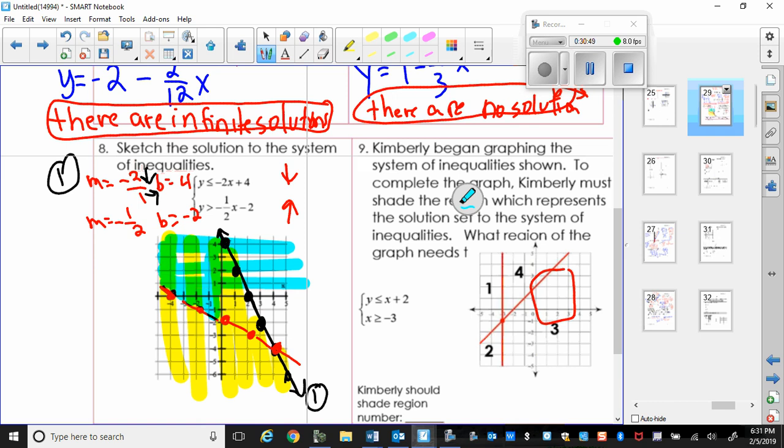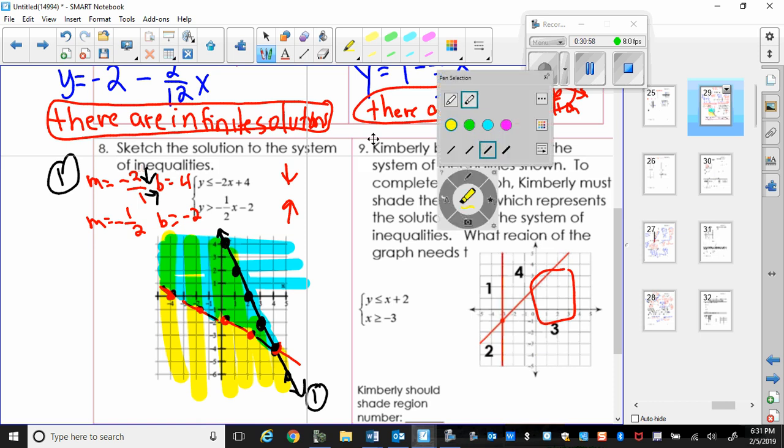So we can see the overlap where it's green. All right? And as a matter of fact, I'm going to go back through with the yellow so it's even clearer. Everywhere that's green is the solution to both equations.